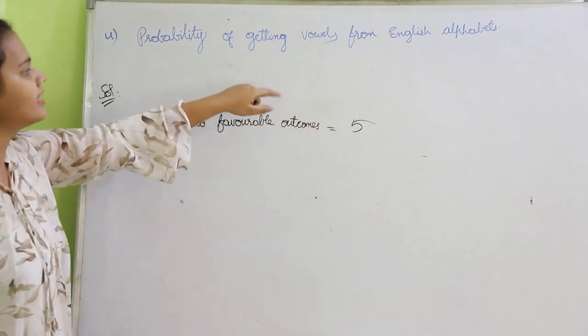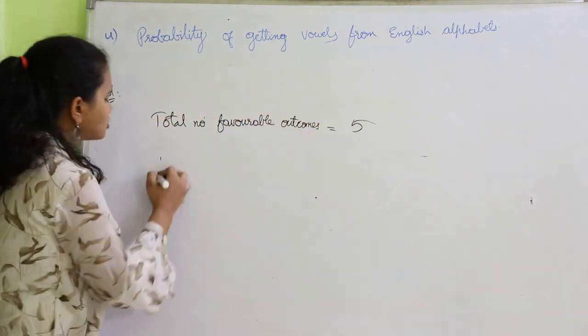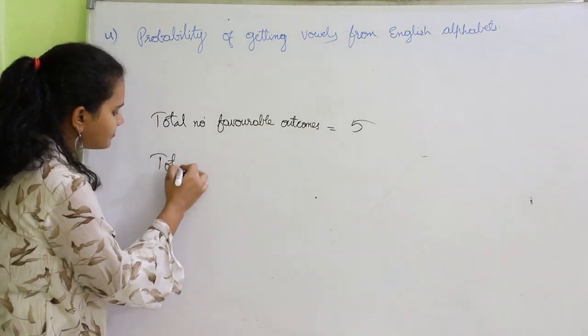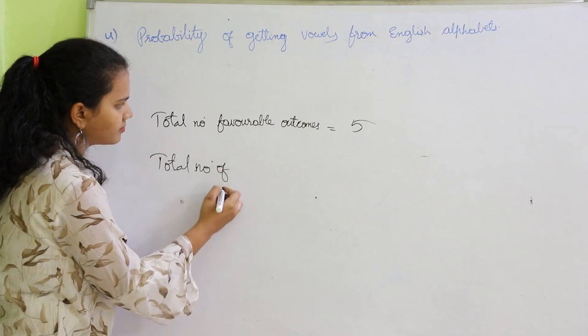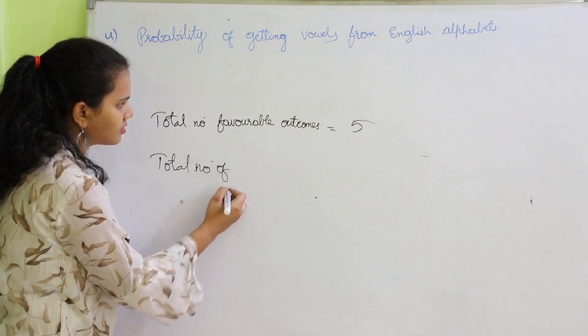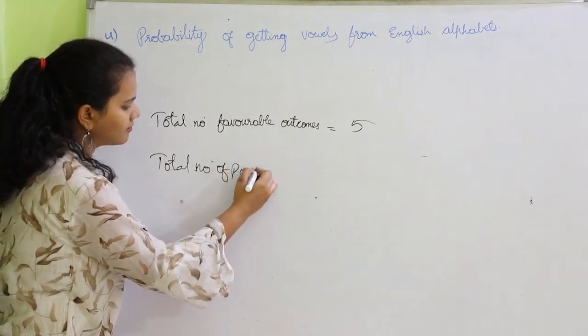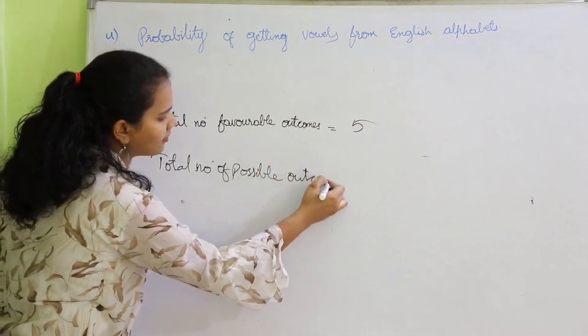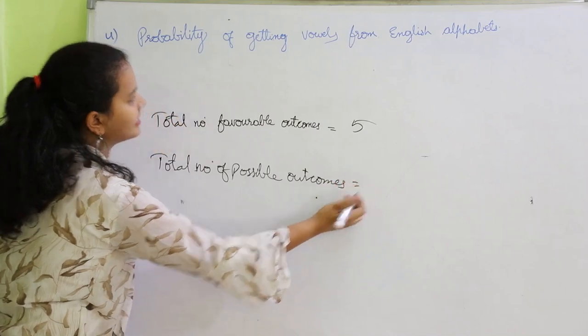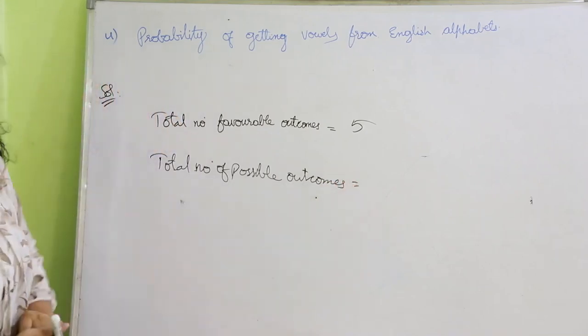Clear? Next, what is the total number of possible outcomes? You can consider the English alphabet, 26 letters, right?